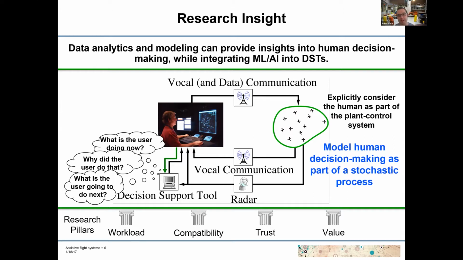What is the user going to do next? And the general hypothesis is if we end up having a good model of human decision making, then this decision support tool becomes an actual team member. And so really, most of what my work looks at is how do we model the human decision making as part of some stochastic process.